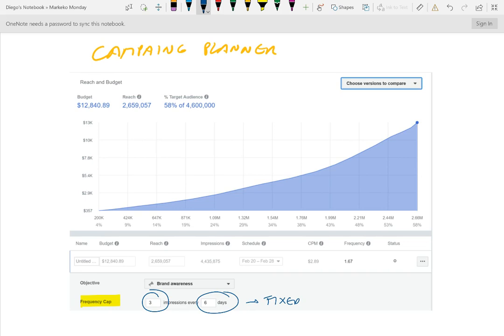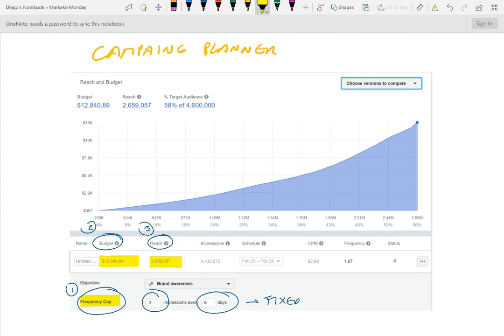And so again, what this is doing is saying I can fix my frequency and I can fix the time frame, right? And what it will do is say, this is going to cost you $12,000 in order for you to reach 2.6 million people. So again, I'm fixing my reach, I'm fixing my budget, and I'm fixing my frequency cap. So 1, 2, 3.